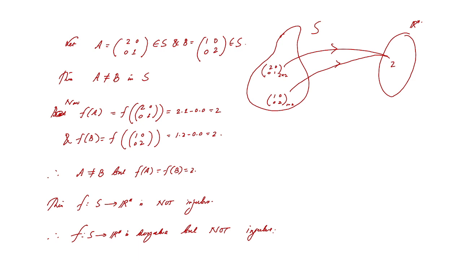So now we'll come to the next important question. That question was asked in Calcutta University, honors 2000. What was the question? Let f from N plus to N plus be the mapping given by f of x equals 2x.